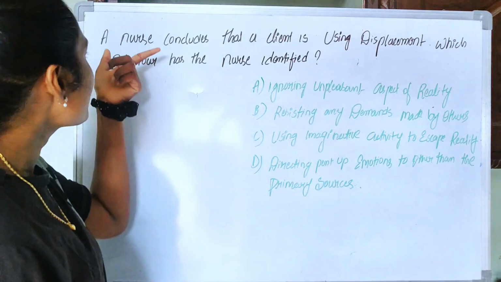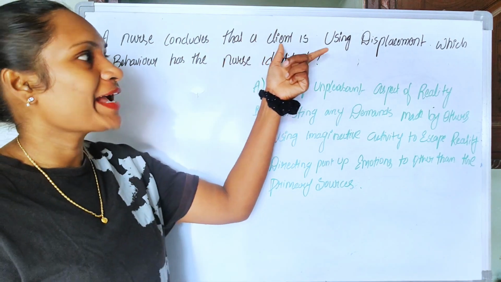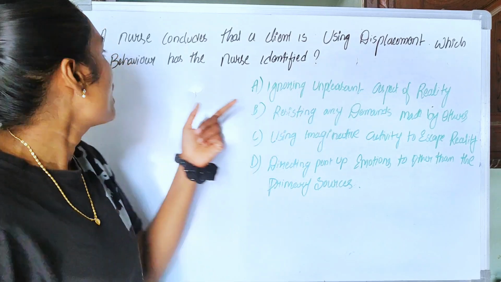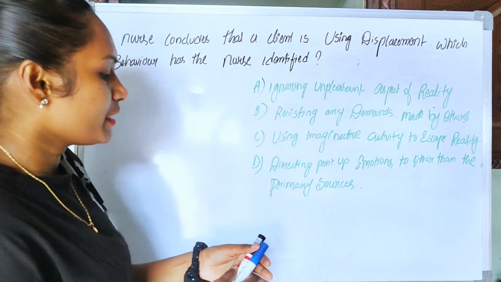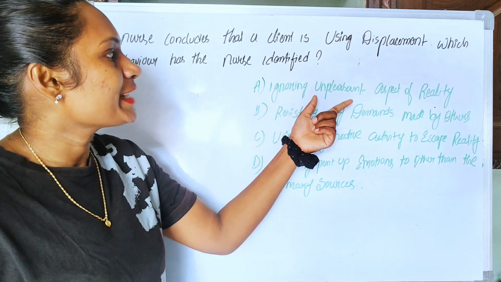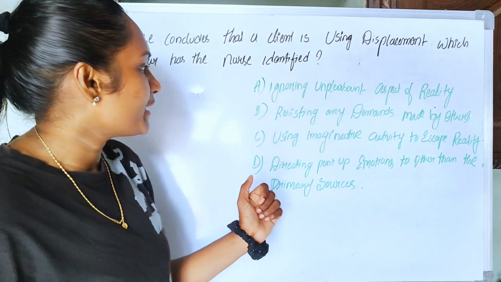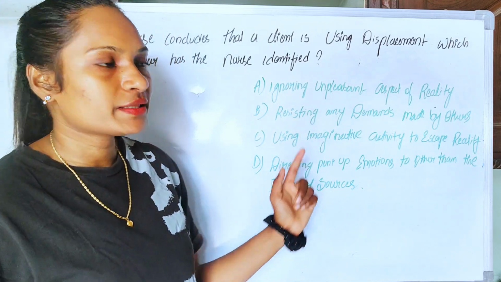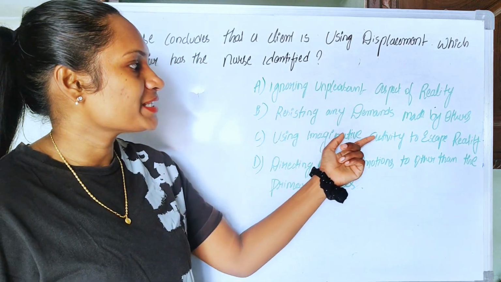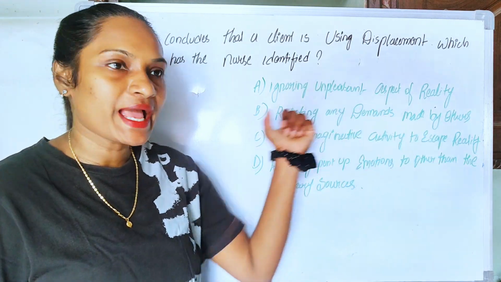So the next question is: a nurse concludes that a client is using displacement. Which behavior has the nurse identified? Here option A, ignoring unpleasant aspects of reality. Option B, resisting any demands made by others. Option C, using imaginative activity to escape reality.